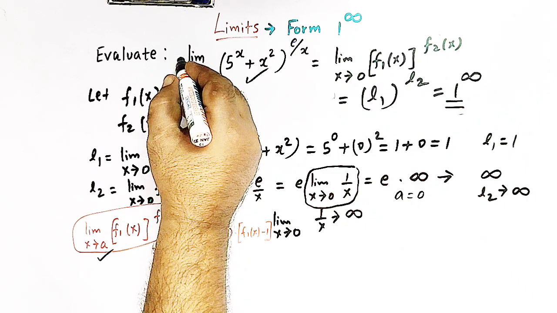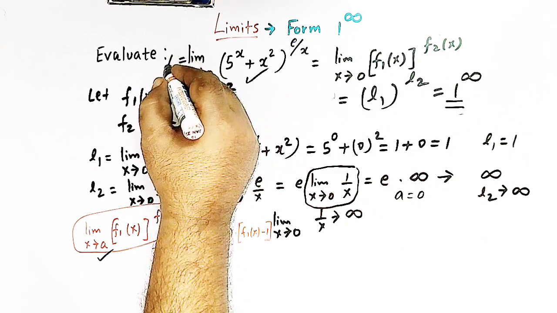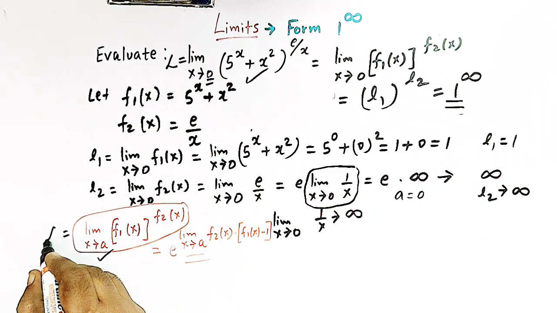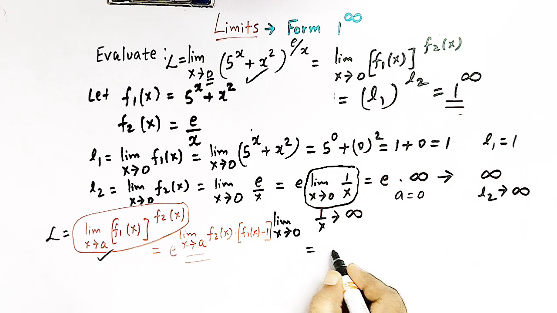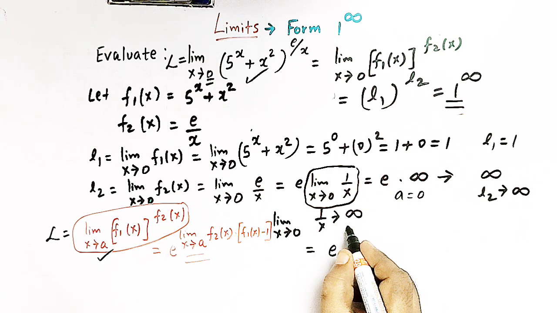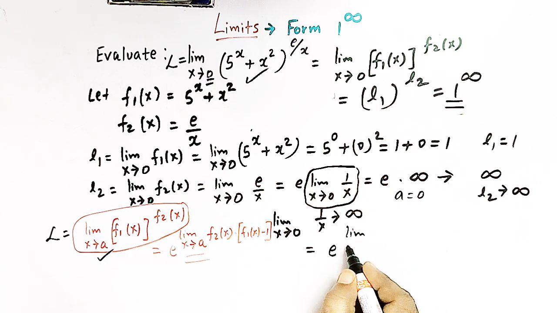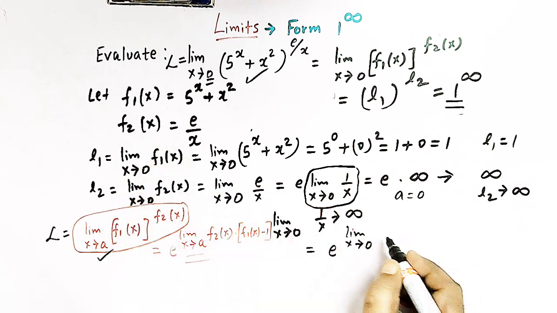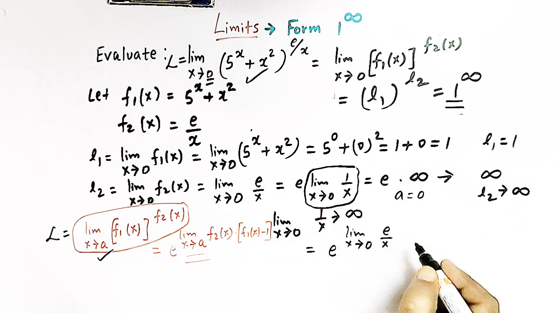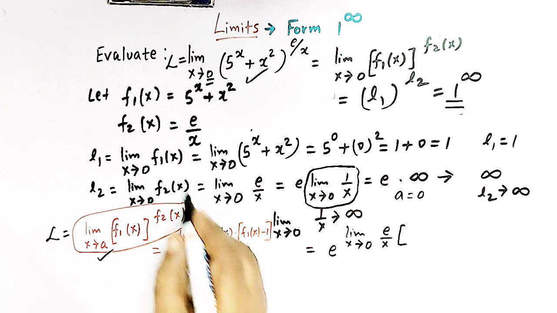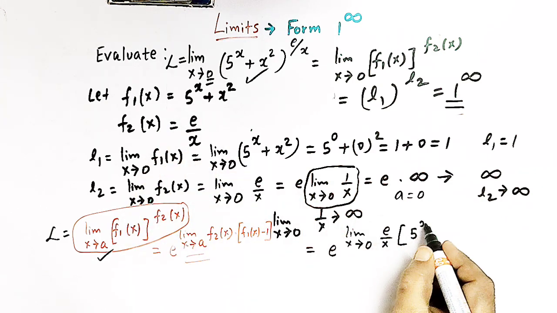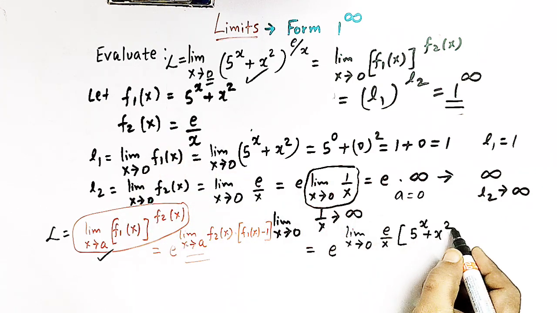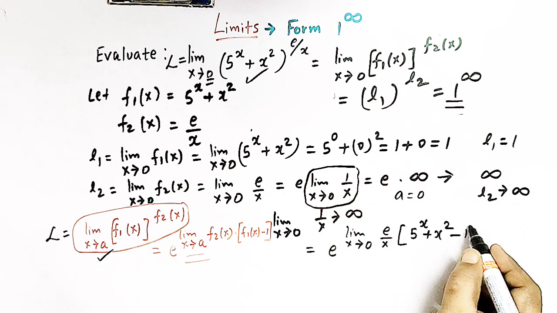So let us call the value of this limit as L. So now L can be given as e raised to limit, and here we have x tends to 0, f2(x) is given by e over x, and f1(x) is 5 raised to x plus x square, and here we have minus 1.